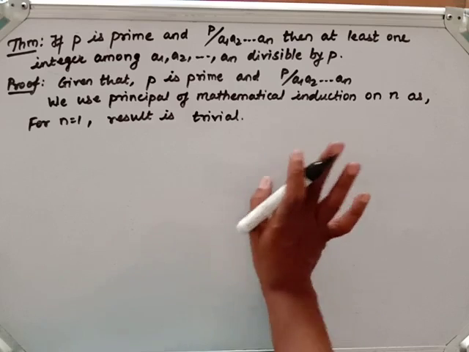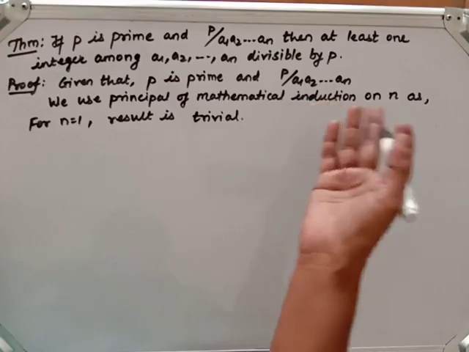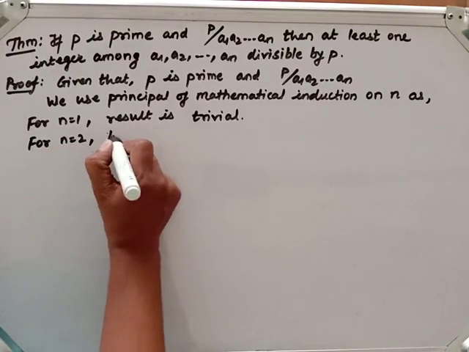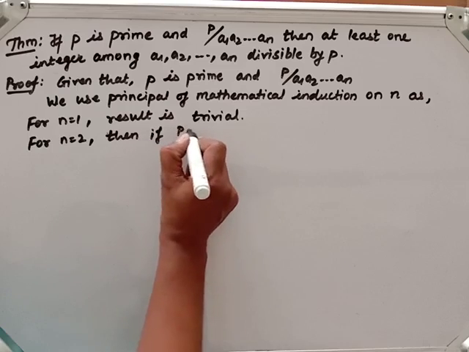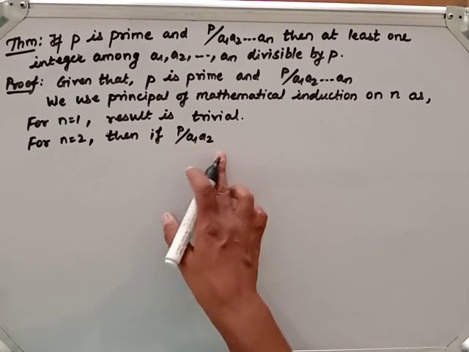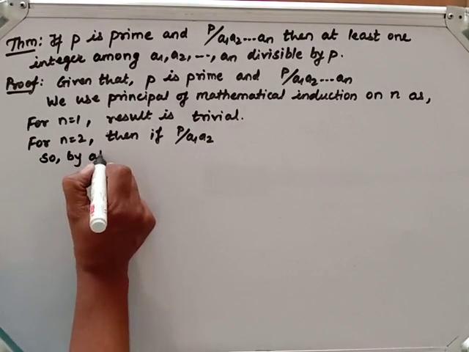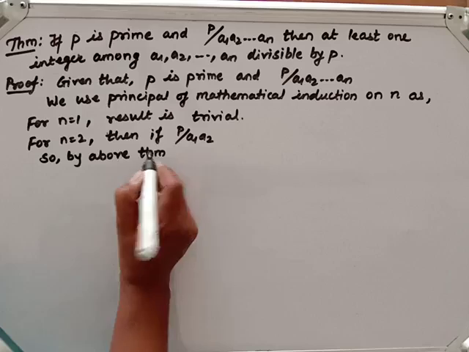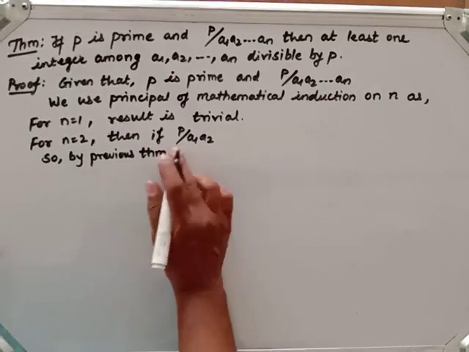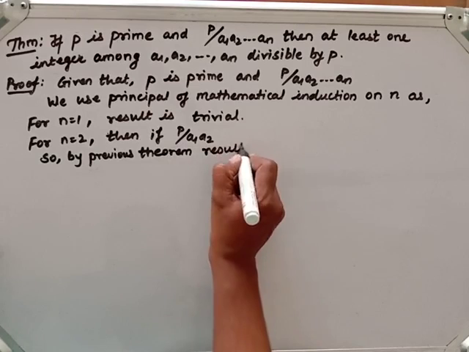So the result is trivial: P divides A1 is the same as saying at least one integer among these is divisible by P. Now for n equal to 2, if P divides A1 A2, then we have to show either P divides A1 or P divides A2. This is true by the previous theorem.